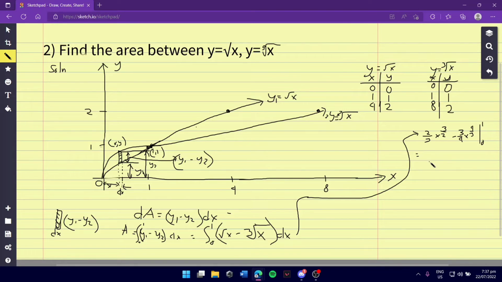So our answer is, let's simplify. So this is now 2/3.